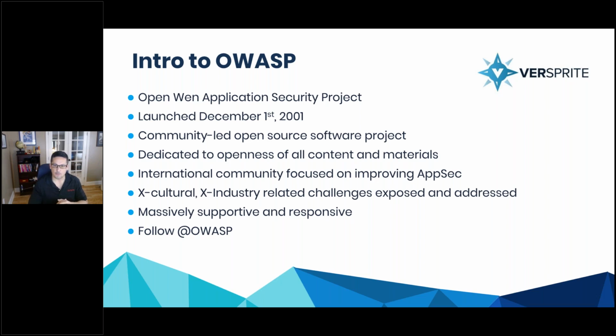So it's very cross-cultural, cross-industry. There's not an industry that honestly isn't covered. If you're in government and you're worried, oh, well, OWASP isn't for me, you're wrong. There are people in government that are trying to do application security that are in OWASP. There are also those in the transportation industry, retail industry. Definitely follow the OWASP handle on Twitter.